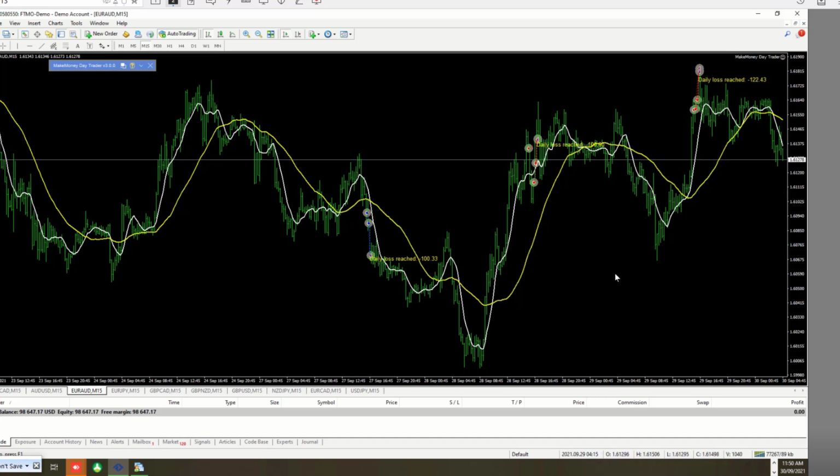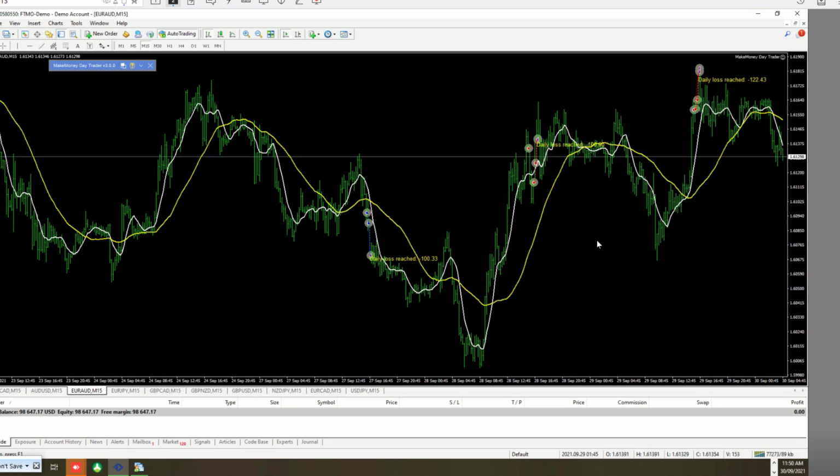These settings are more lagging settings, so they will wait a bit longer for both the moving averages to be pointing in the same direction. So there's a question: should these ones be as slack as they are, or should they be tighter, closer together, so that they catch the sensitive trends?